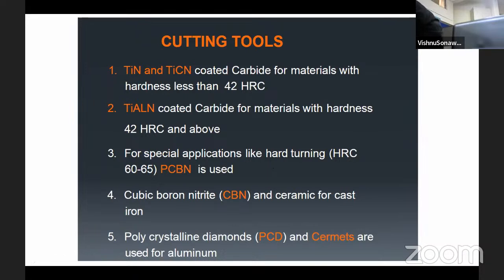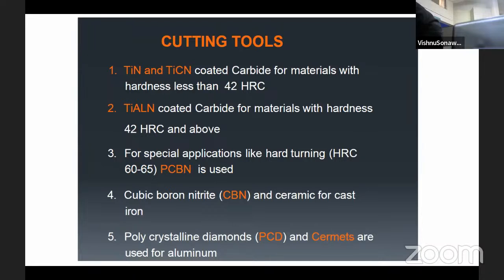And we can use cutting tool materials such as polycrystalline boron nitride, and cubic boron nitride, CBN, and ceramic for cast iron. For cast iron, we can use cubic boron nitride materials, and for aluminum materials, we can use polycrystalline diamond materials and ceramic.